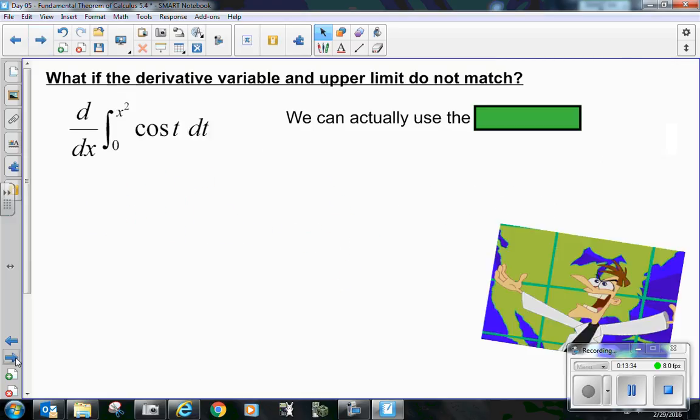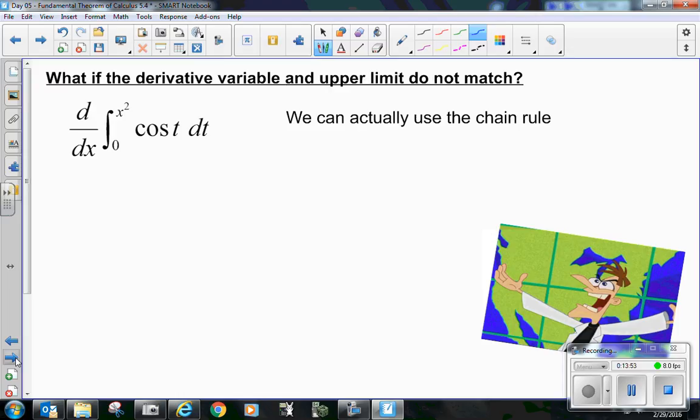What if the derivative variable and upper limit do not match? Like, we had t over dx. This isn't an x, it's an x squared. The chain rule means times the derivative of, right? So I have this right here.